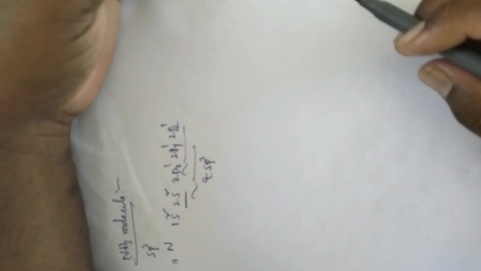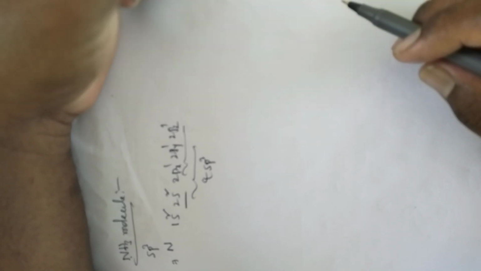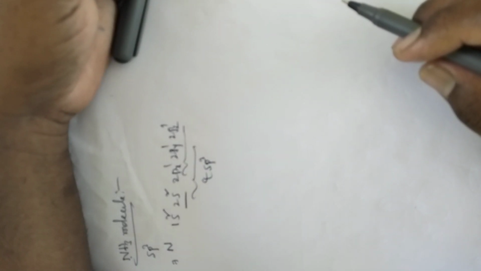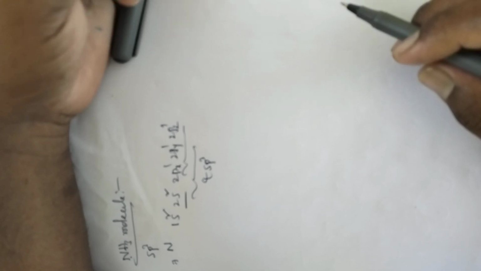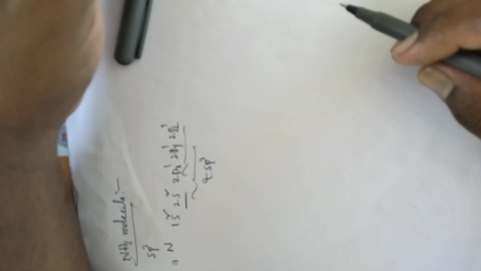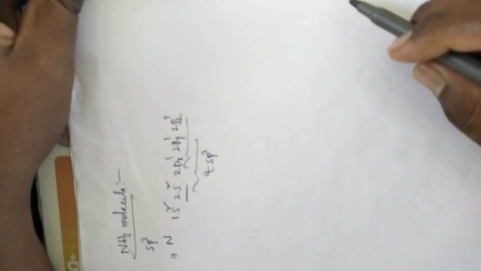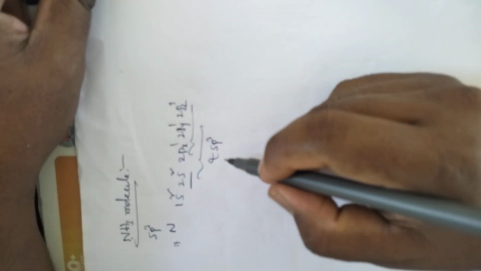What are the characteristics of hybridization? Hybridization involves only sigma bonds, not pi bonds. Only orbitals are involved in hybridization, not electrons. Half-filled, fully filled or even empty orbitals can participate in hybridization. Here are 4 sp3 hybridized orbitals.